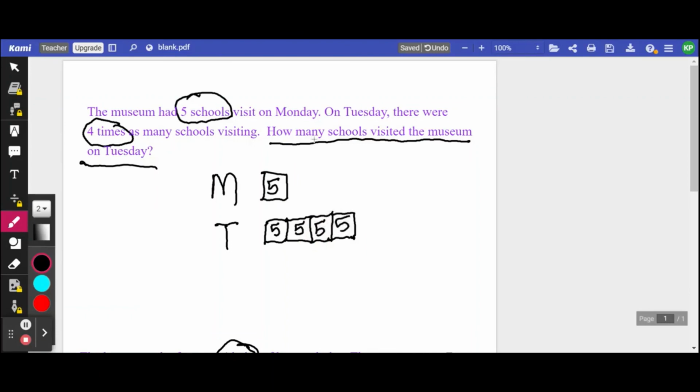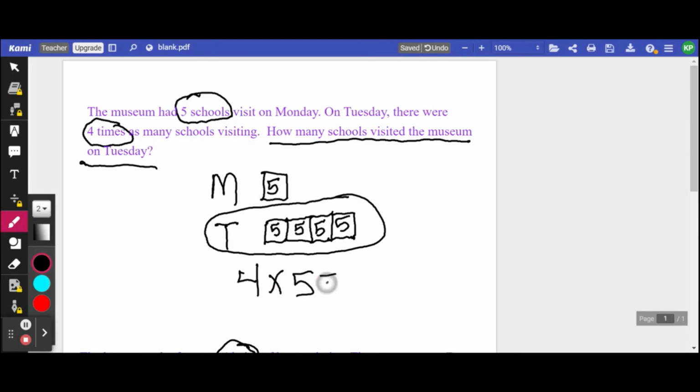Okay, our question was how many schools visited the museum on Tuesday? So I'm only looking at this one right here. So if I go to write an equation for this, what was happening right here? Well, I had the number 5, right? And I had to have it go 4 times. So 4 times 5 equals some amount of schools that visited.